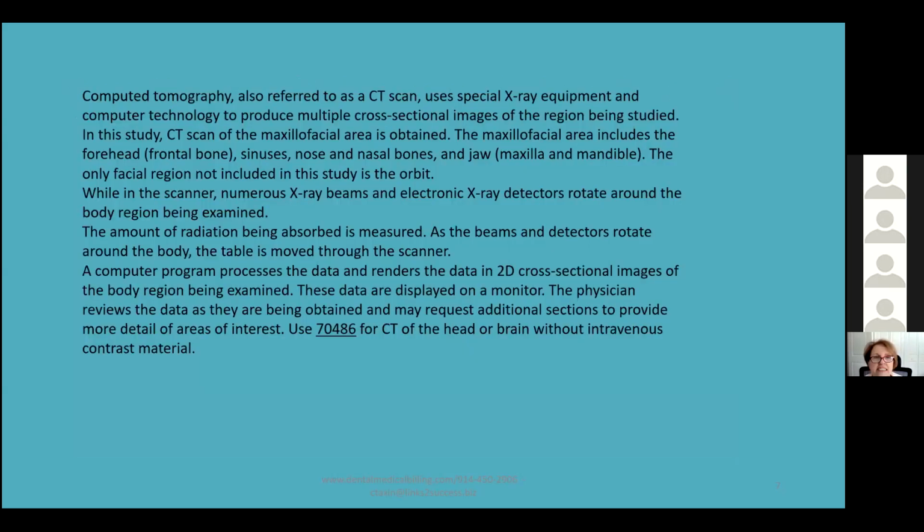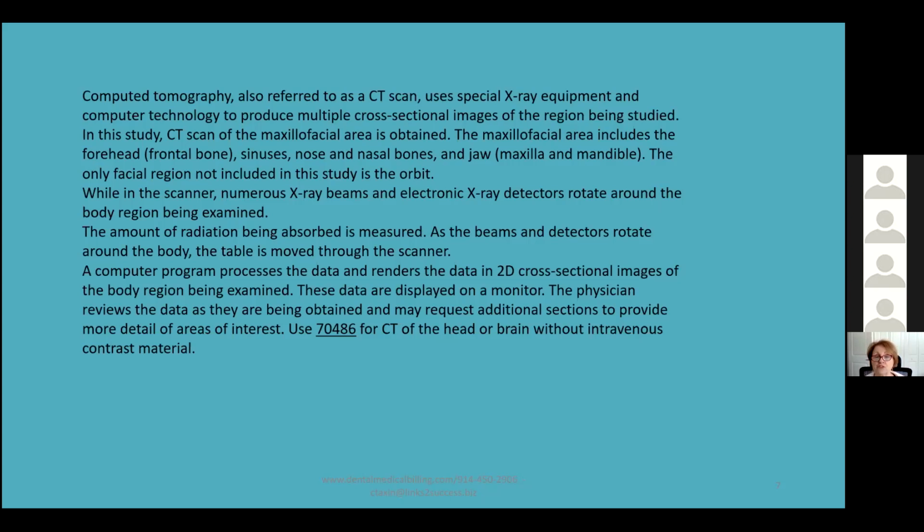But what is a computed tomography, referred to as a CT scan or a CBCT study, under the medical terminology? In this study, the CT scan of the maxillofacial area is obtained. The maxillofacial area includes the forehead, the sinuses, nose, nasal bones, jaw, maxilla, and mandible.